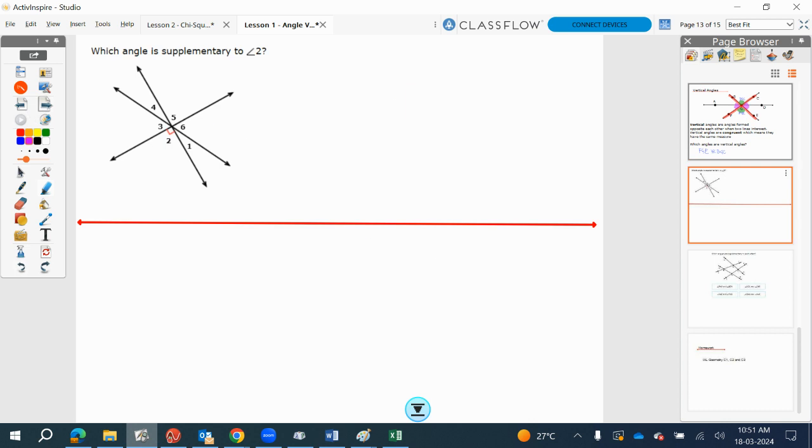Which angle is supplementary to angle 2? What do we think? What's our answer?